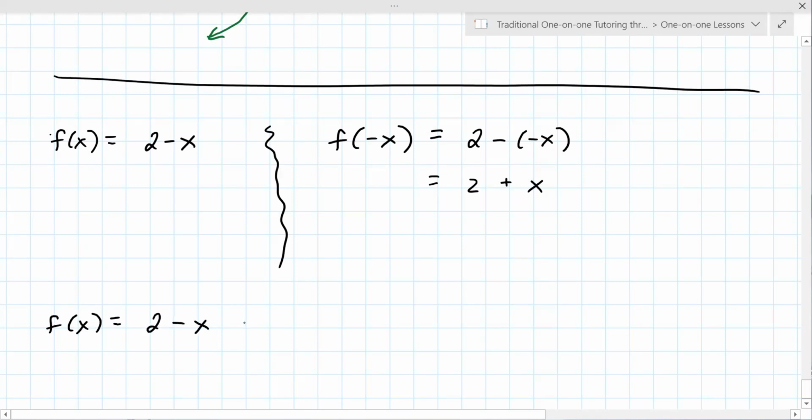Now let me give you a new f of x: 2 minus x minus 3x squared. And this time, again, I want you to find f of minus x.